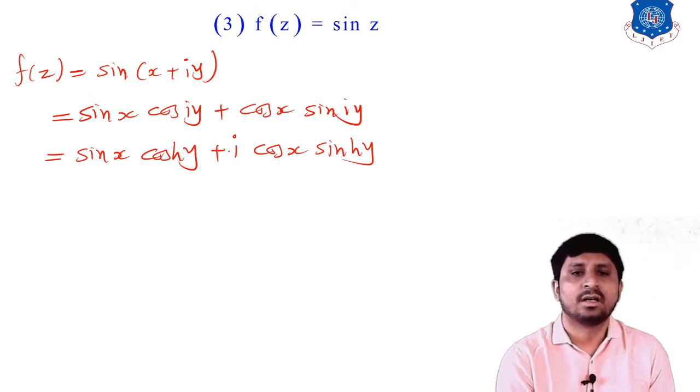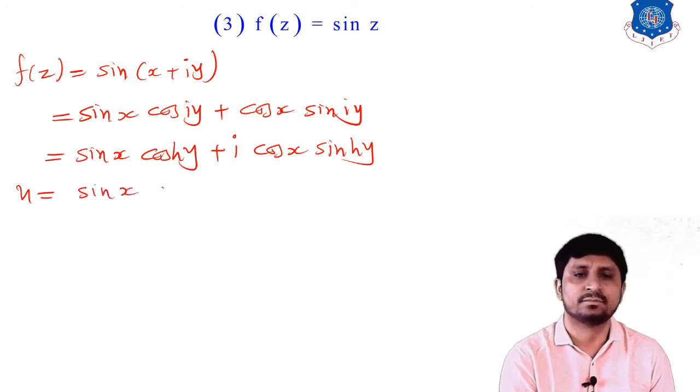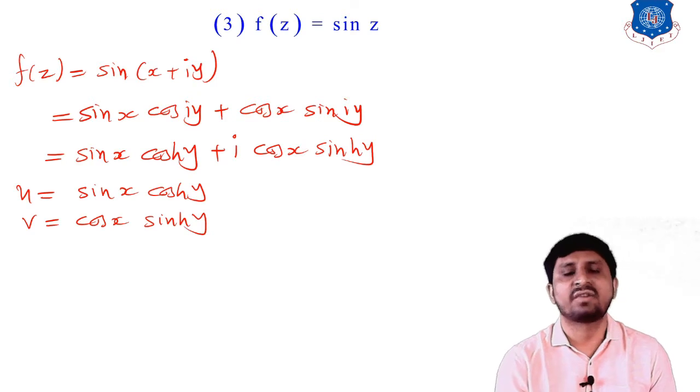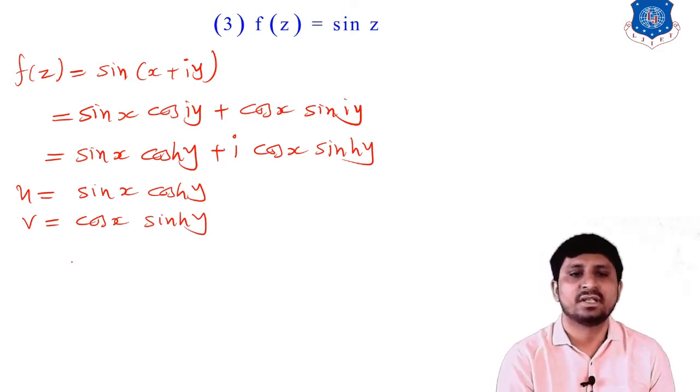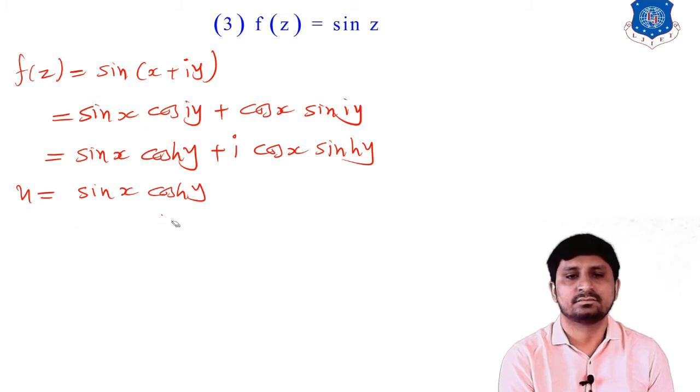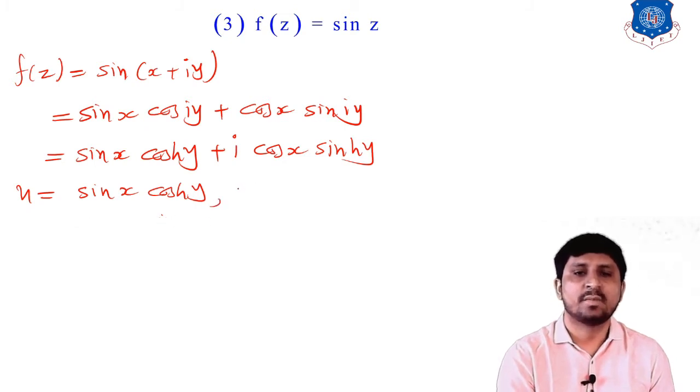So first of all, what is the real part? The real part u is sin x cos hyperbolic y, and the imaginary part v is cos x sin hyperbolic y. And now find all the partial derivatives.